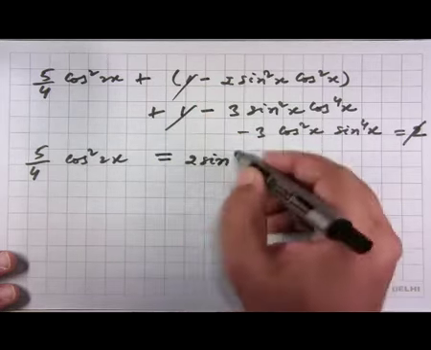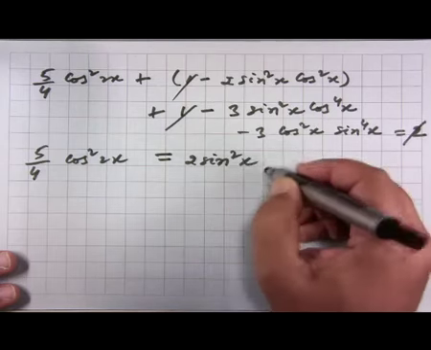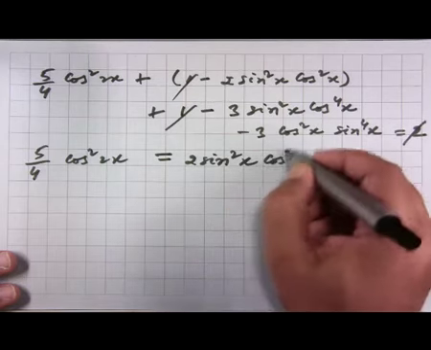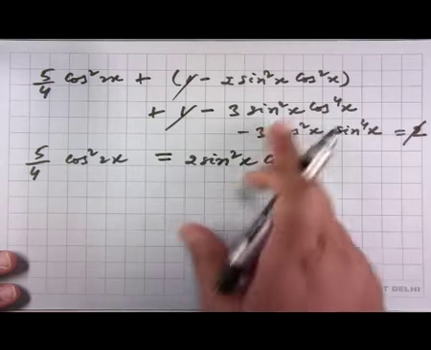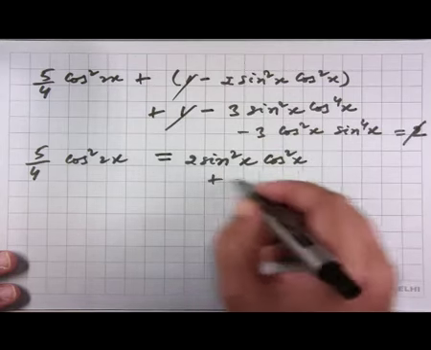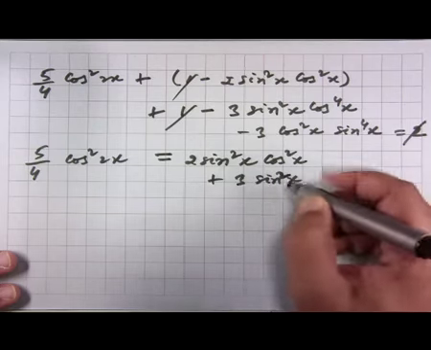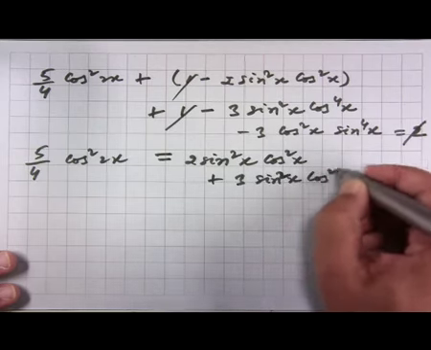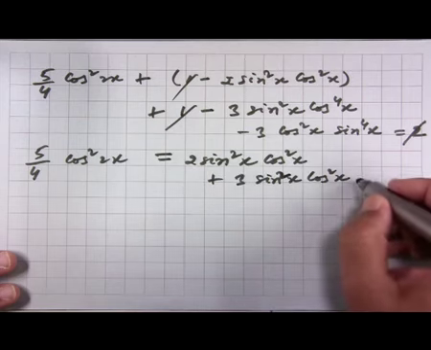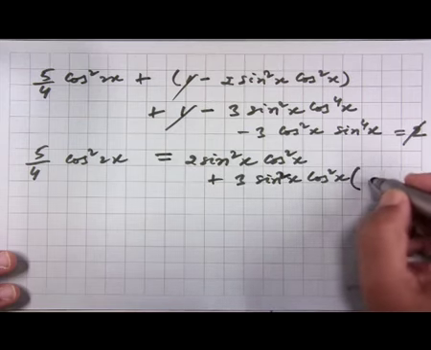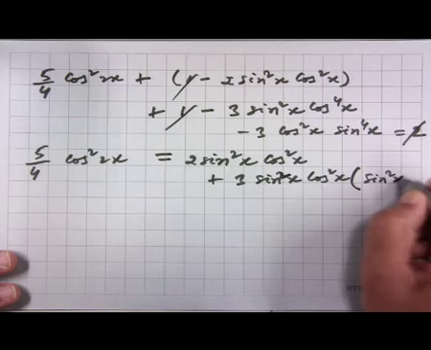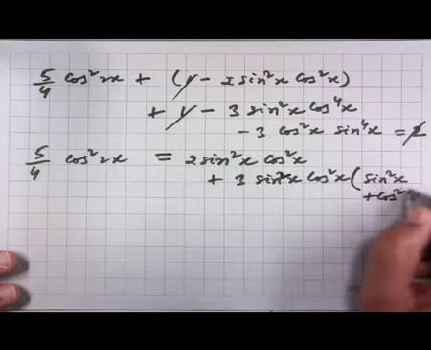So, 2 sin square x cos square x, and then these two terms we can take common as sin square x into cos square x times sin square x plus cos square x.